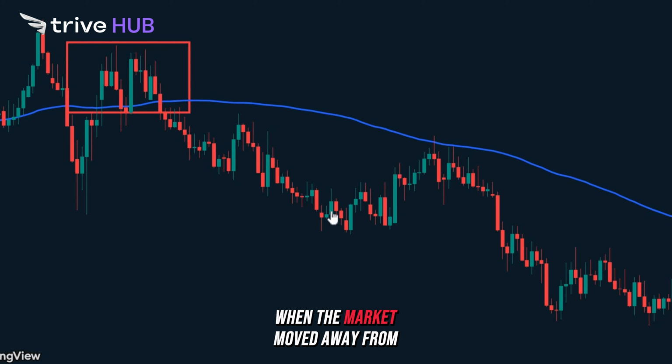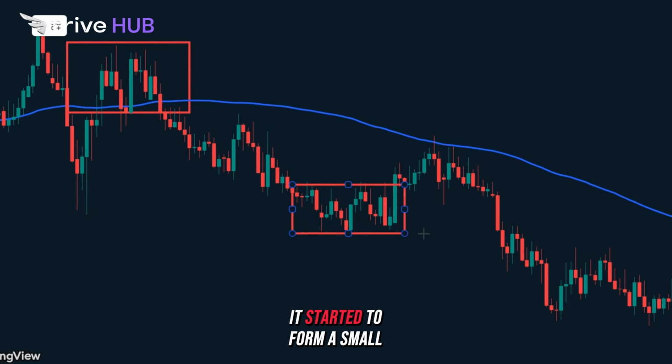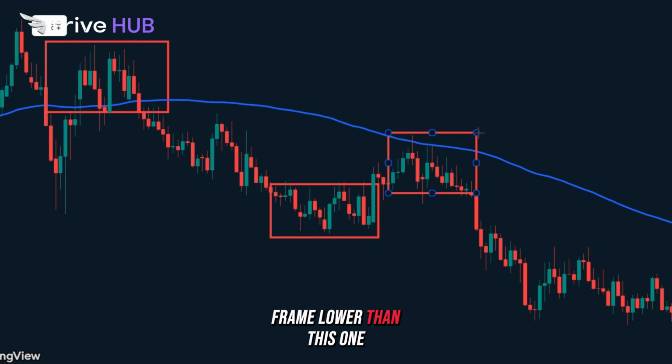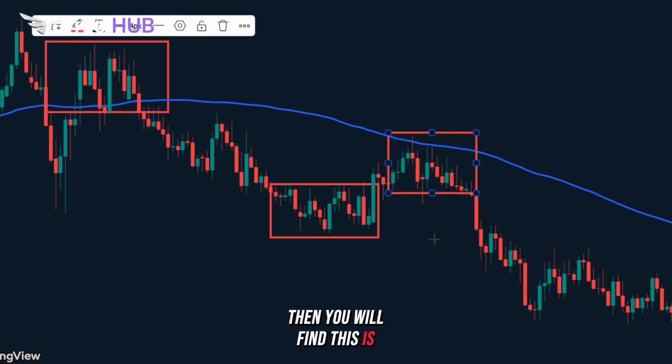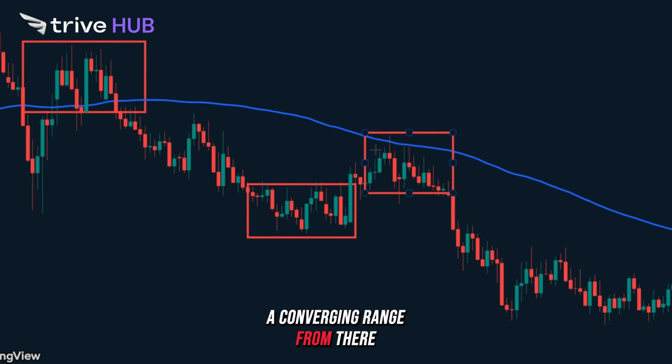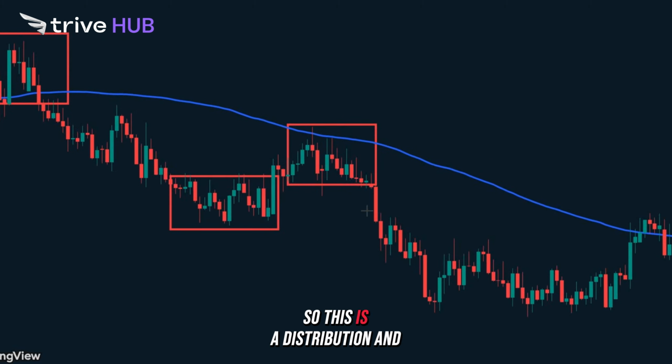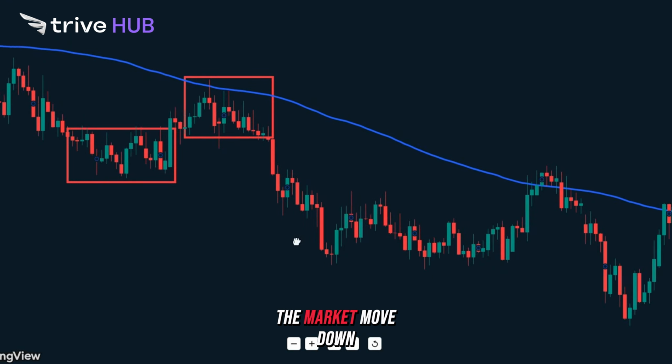Again, when the market moved away from this value area, it started to form a small second range which has given a small up move towards this value area, and if you go one time frame lower than this one, you will find this is again a converging range formed here. So we are again at a value area around the moving average and in a downtrend. So this is a distribution and the market moved down.